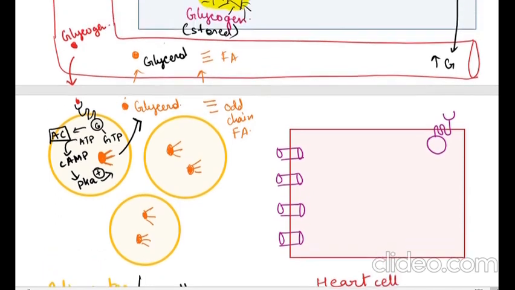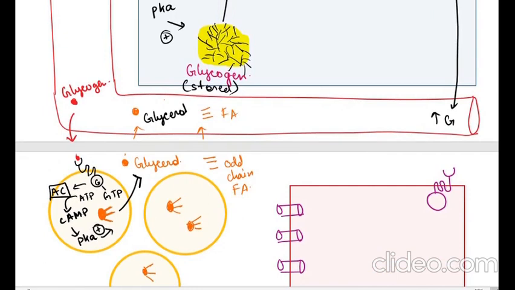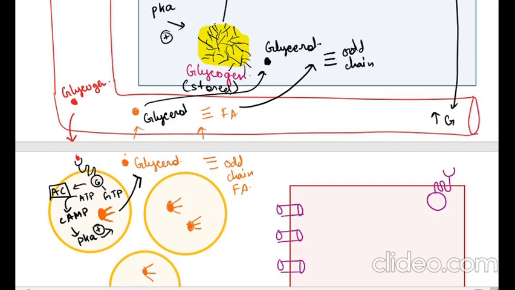Now what? This glycerol and fatty acid chain will again enter inside the liver cell. So this is the glycerol entering, and the fatty acid chain is also there. Odd chain fatty acid is also entering.